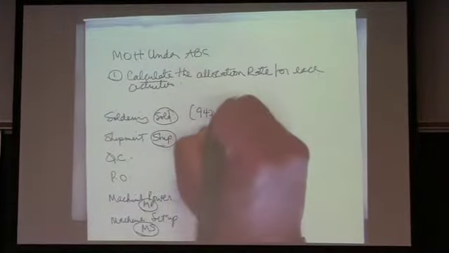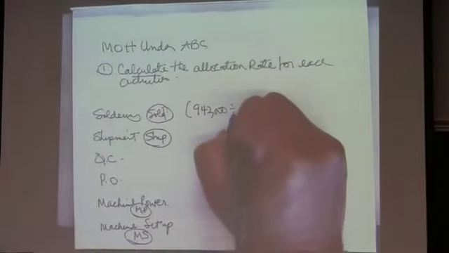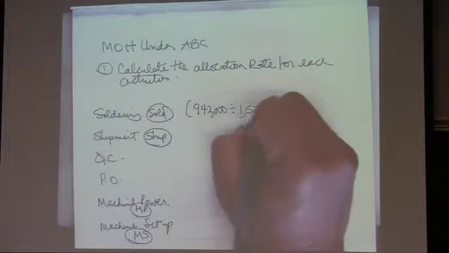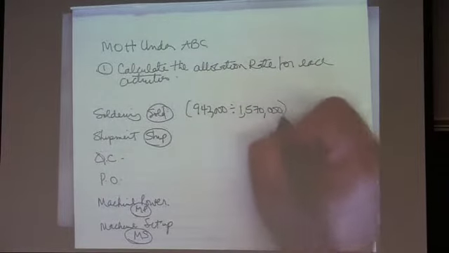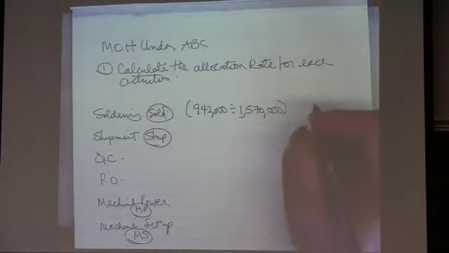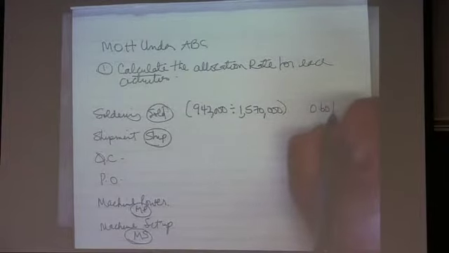So we're going to take 942 divided by 1,570. That gives us 60 cents per solder joint.